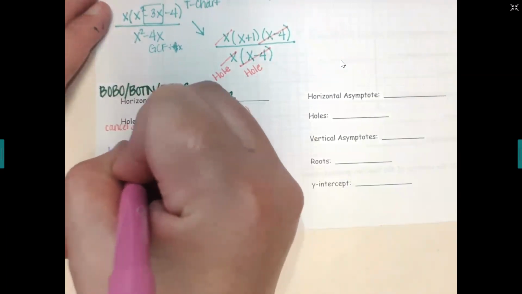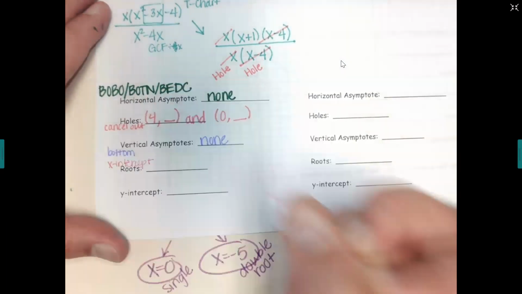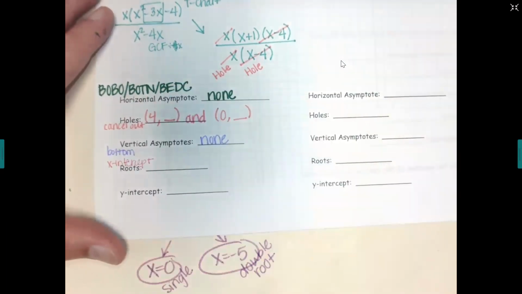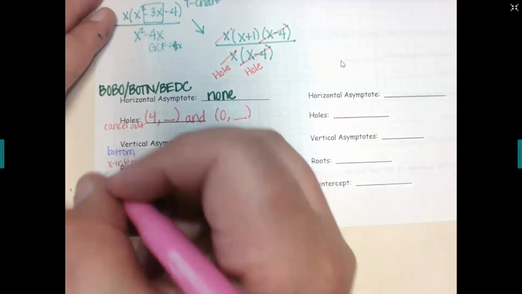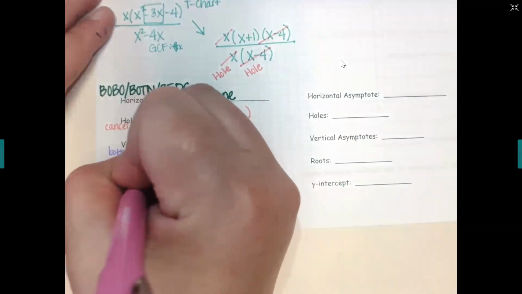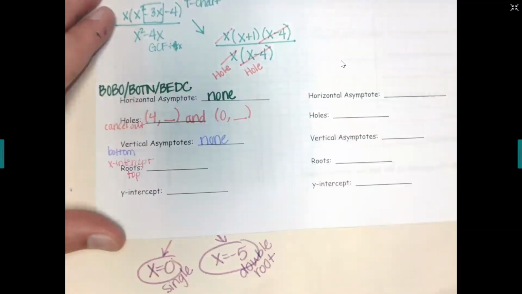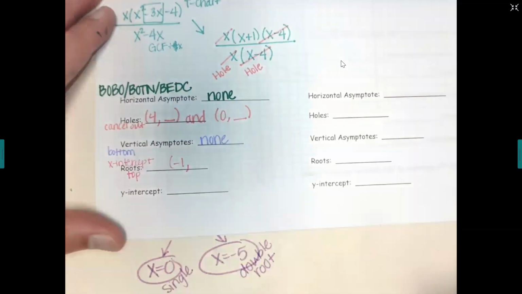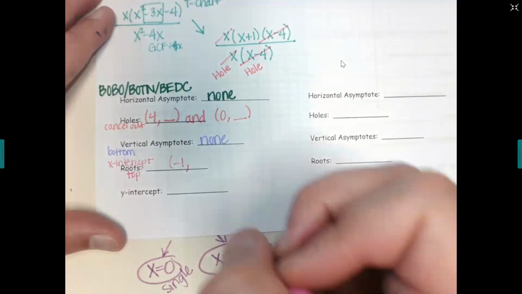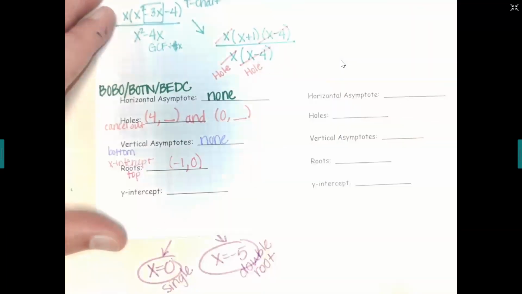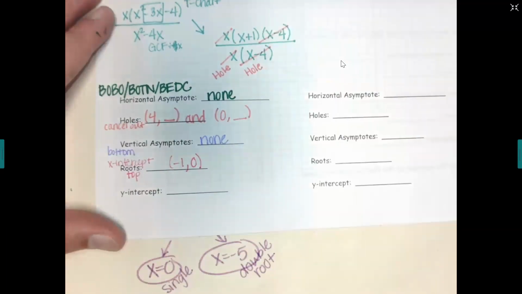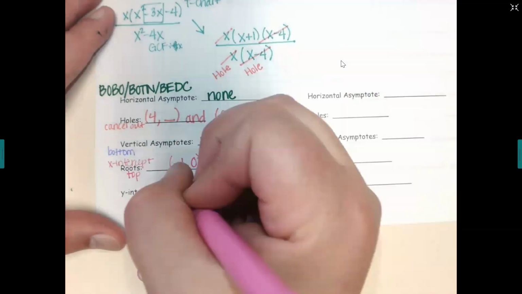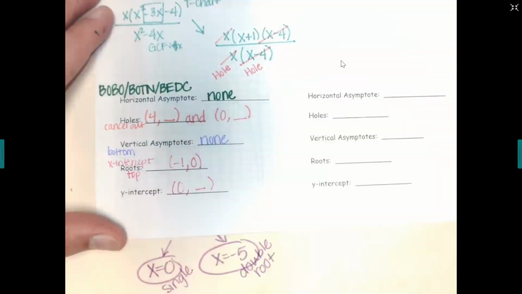An x-intercept and a root are the same, those come from the top. So do I have any left on top? I have a +1, so the root will be at -1, and remember the Y value for an x-intercept is always 0. Just like the X value for a Y-intercept is always 0.